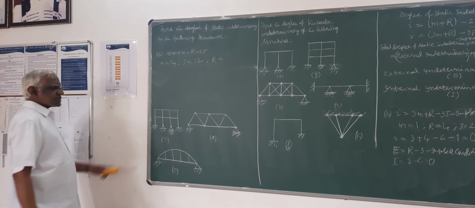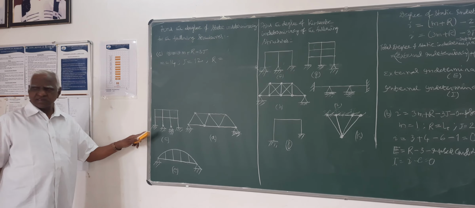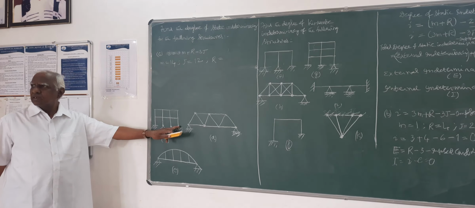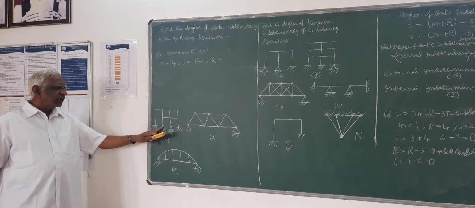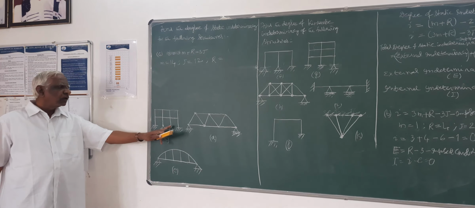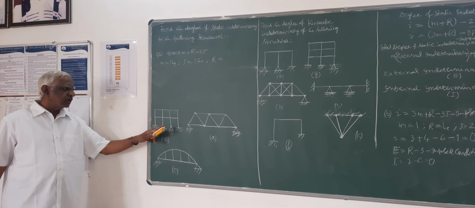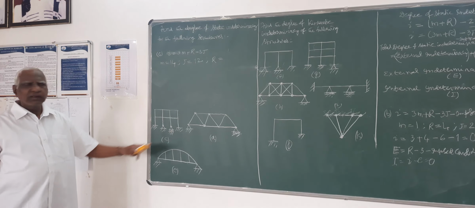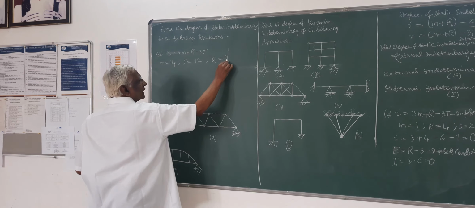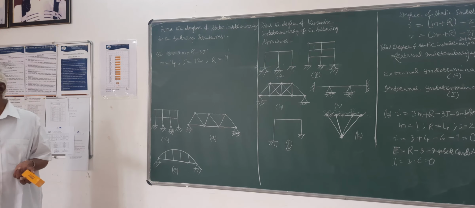Here it's a fixed support, 3 reactions. This is also fixed, 3 reactions. Hinge, 2 reactions. Roller, 1. So totally 3 plus 3, 6, to 8, plus 1, 9. So r is 9, the number of support reactions.